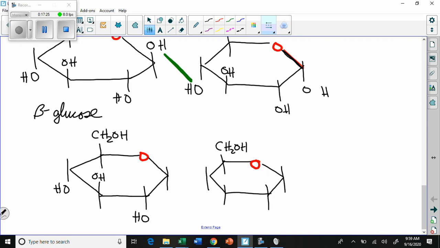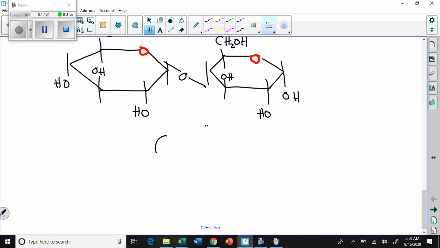And we'll put the OH here, the OH here, and of course the OH over here, because this one is an alpha glucose. So now look at the way our linkage works. It goes from this top to this bottom, and in the middle is the oxygen. So instead of being same side, it's a cross-arm kind of joint. And we call this a beta linkage, which means that it's linked cross instead of on the same side.